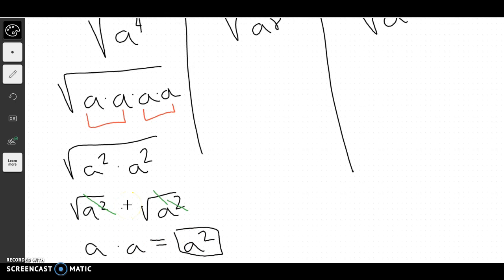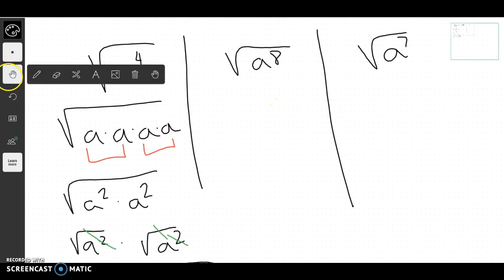Okay, let's look at what that did. We can see this whole math pattern, but I might not want to do that every single time. What did this square root do to the fourth power? Well, when we split it up, it canceled the two a squareds, and then we recombined them and got a squared. So if you watch what happened to the 4, maybe we can figure out a faster pattern.